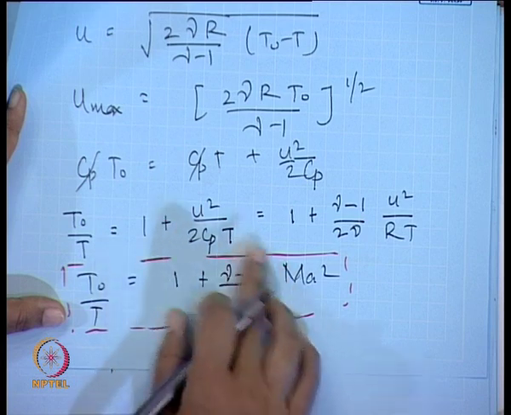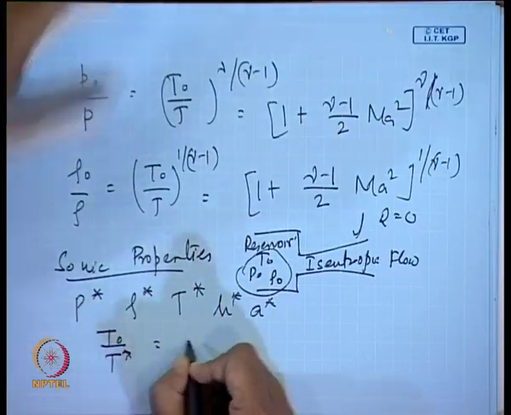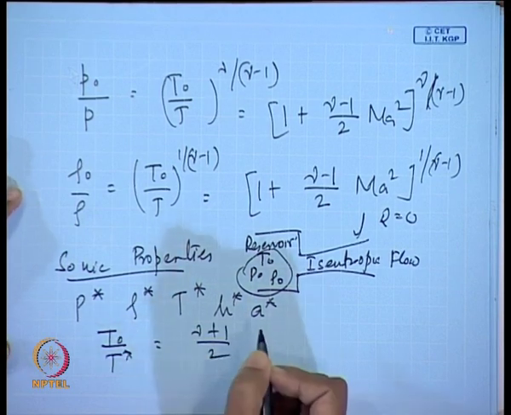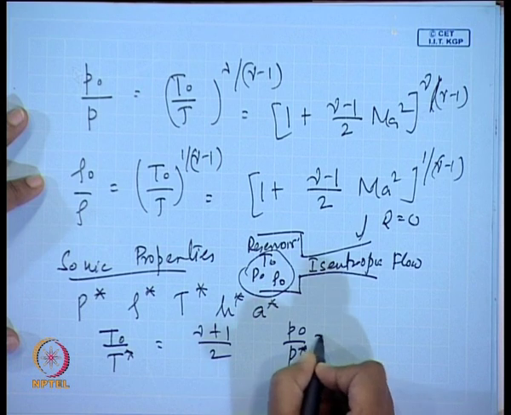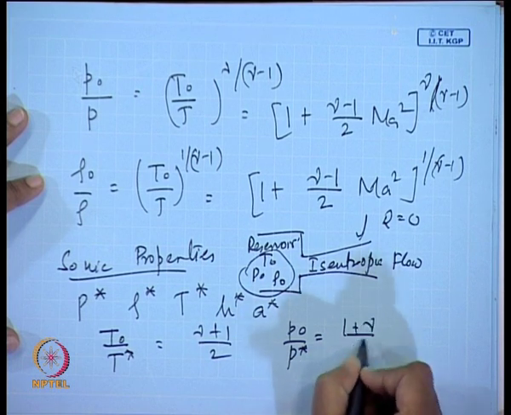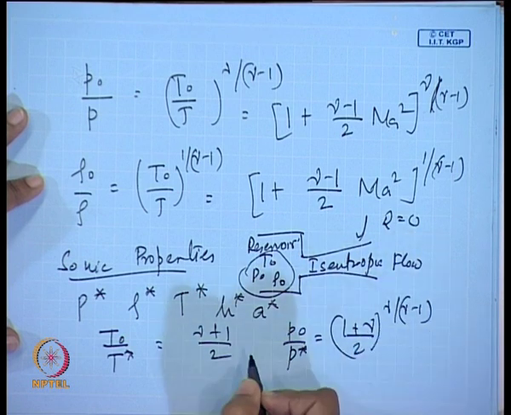When Ma becomes equal to 1, it is just 1 plus gamma minus 1 by 2, or in other words this can be written as gamma plus 1 by 2. Okay. Same way P0 by P star is nothing but 1 plus gamma minus 1 by 2, to the power gamma by gamma minus 1.